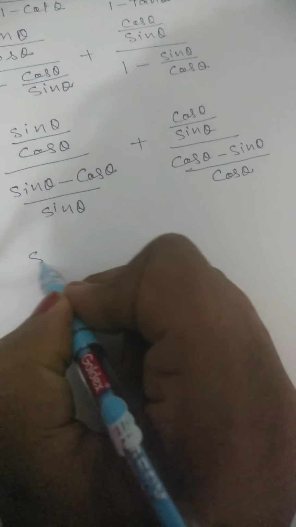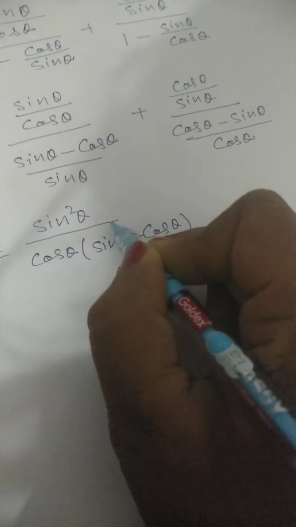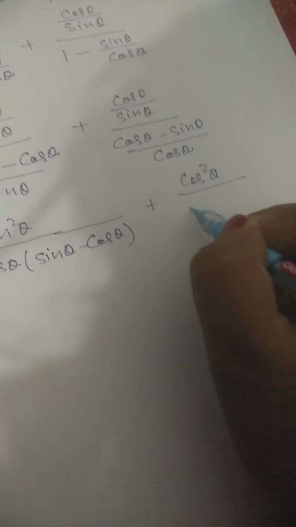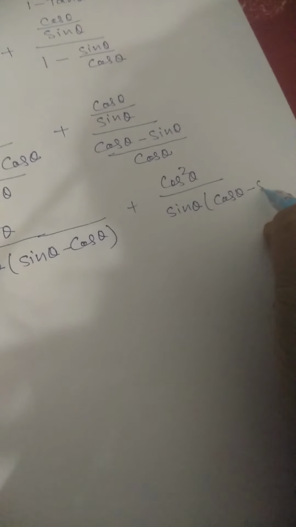Sin square theta upon cos theta into sin theta minus cos theta, and just like this, cos square theta upon sin theta into cos theta minus sin theta.